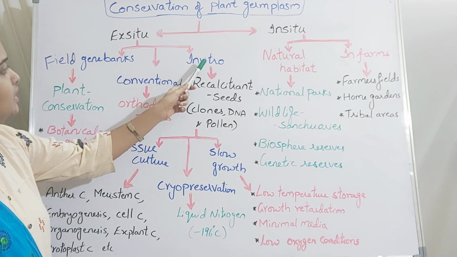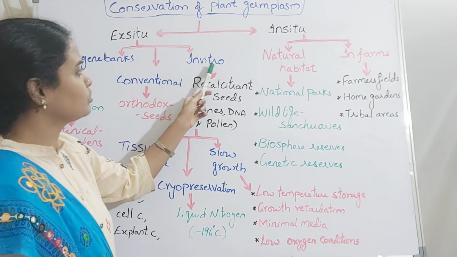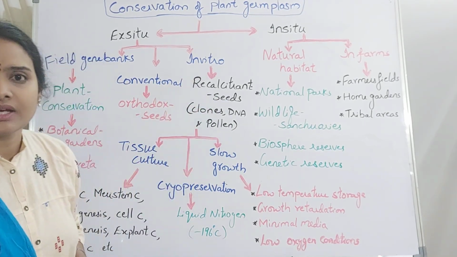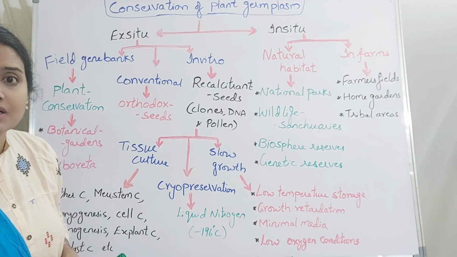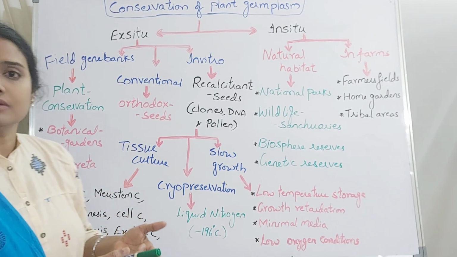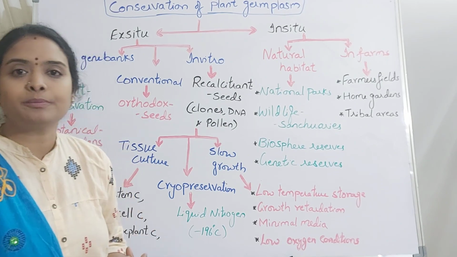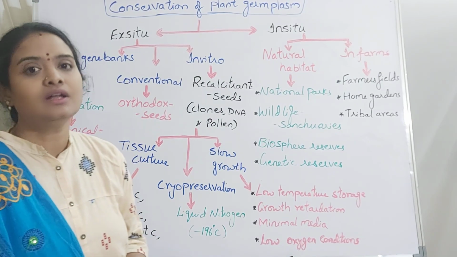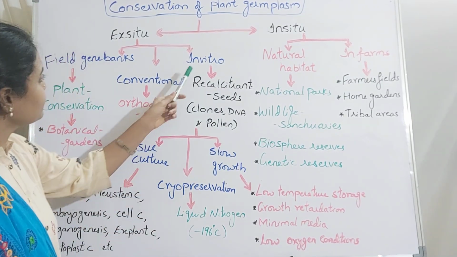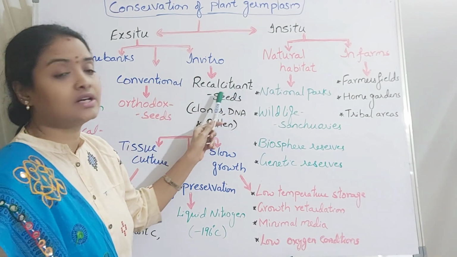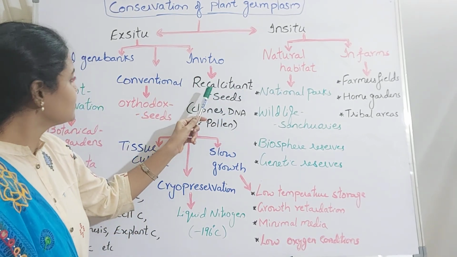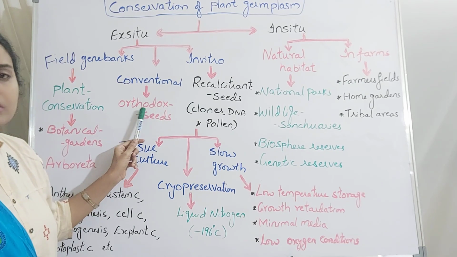Then coming to the in vitro method. In vitro means outside the body, outside the plant body. That means you are not culturing them naturally. You are culturing the plants in a plant tissue culture lab, right? Under this you have recalcitrant seeds, which are quite the opposite of orthodox seeds.